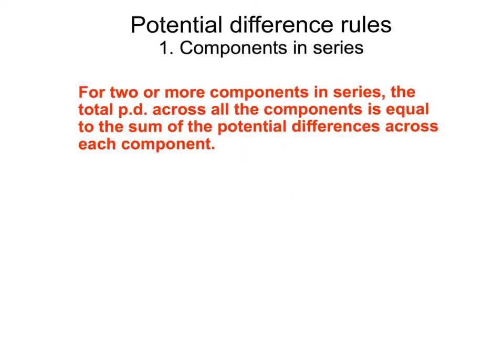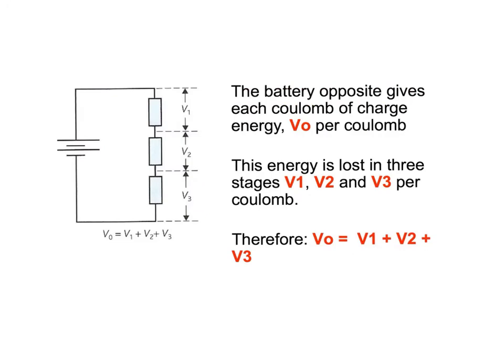Now let's have a look at potential difference, and this is in series circuits. For two or more components in series, the total potential difference across all of the components is equal to the sum of the potential differences across each component. The battery opposite gives each coulomb of charge energy, in this case V0 volts per coulomb.